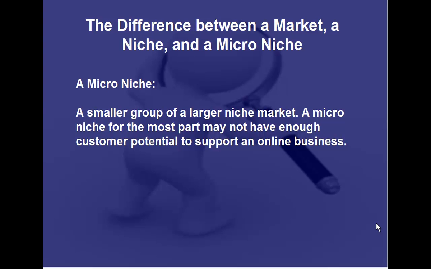It might fall into the market category. Things that you think is a micro niche may fall into the niche category. So once again, analyzing and looking at the numbers is what's going to determine if your ideas are actually niche ideas or micro niche or market.